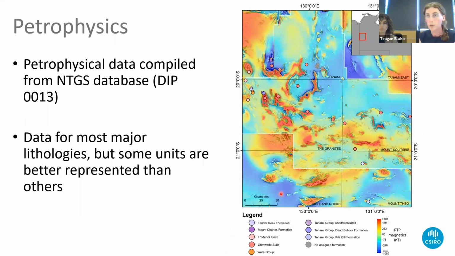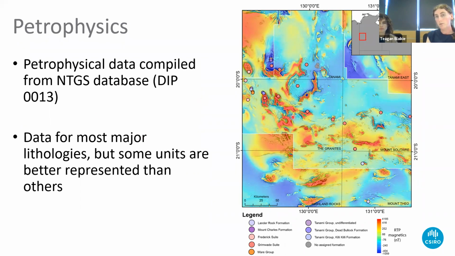So some of the constraints that have fed into this interpretation, and also to the forward modelling that we'll talk about later in the talk, is some petrophysical data that was compiled from measurements taken by the NTGS and also from industry reporting, taken from NTGS's database.